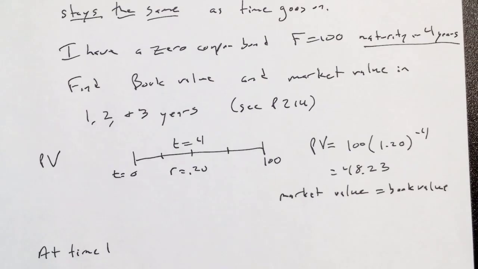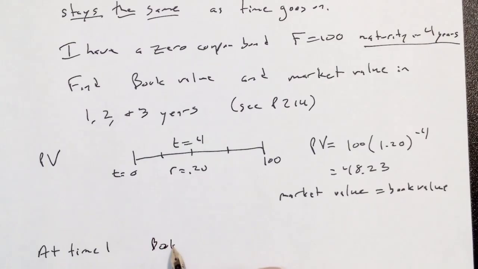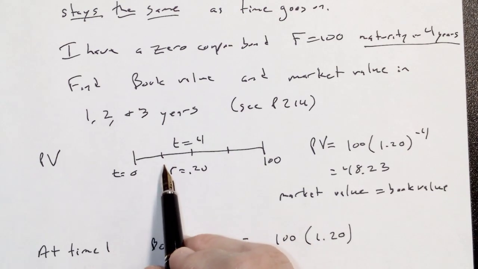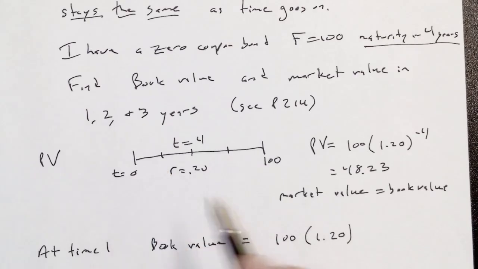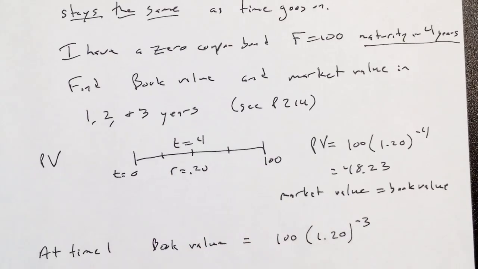Book value is based on the interest rate at which the bond was purchased, the 20%. But we're looking here forward. We're at time 1, not time 4. So I'm going to raise this to the -3rd power. What's this value?